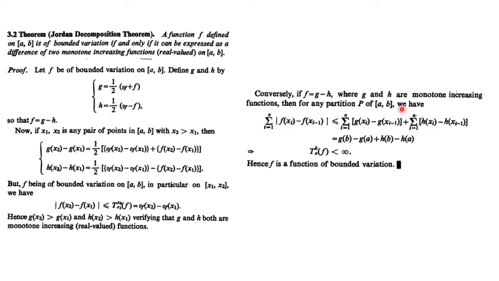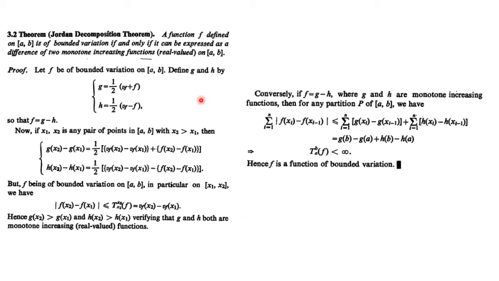Since it is any partition, it is true for every partition that the variation is always finite. Okay, since for every partition that variation is finite, we get total variation is also finite. So hence f is a function of bounded variation.